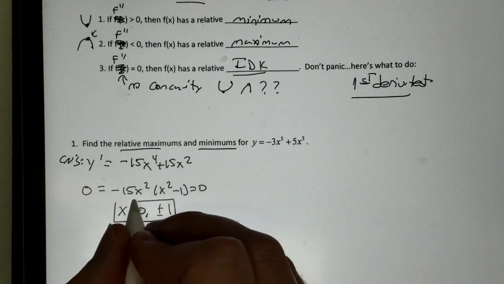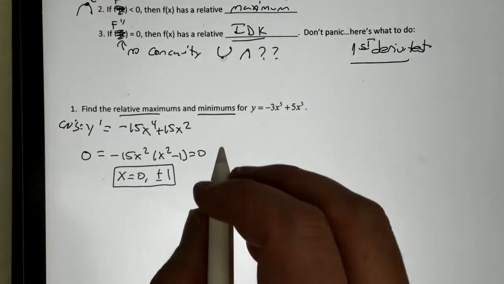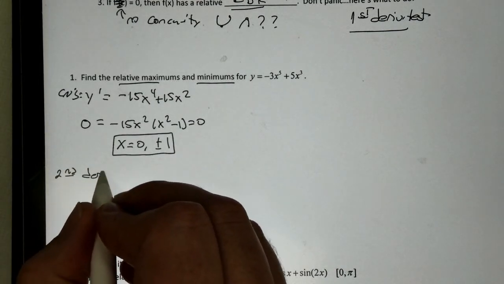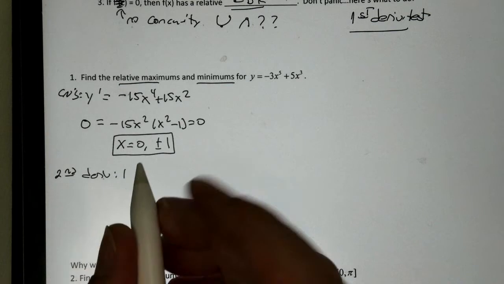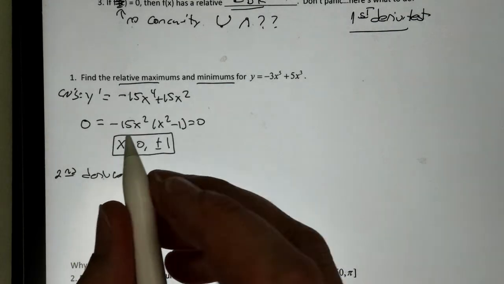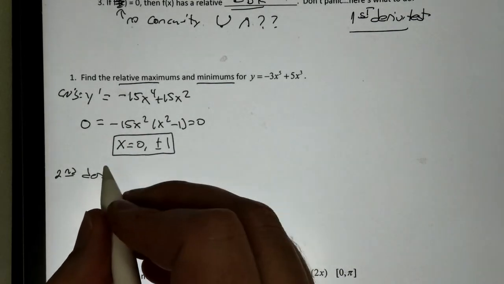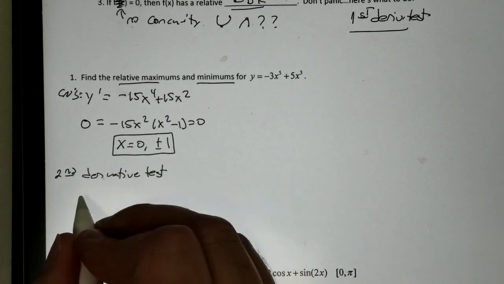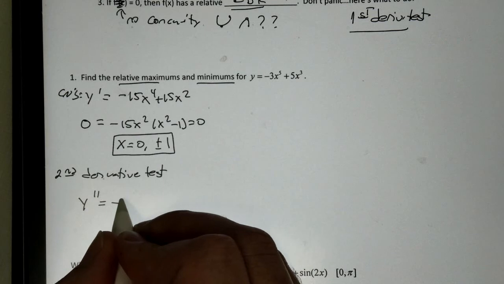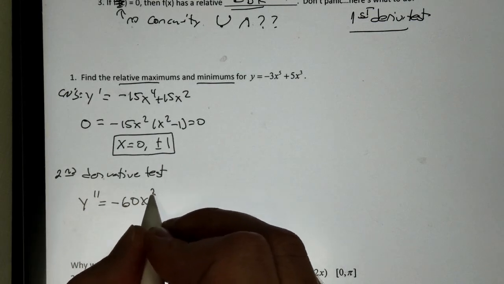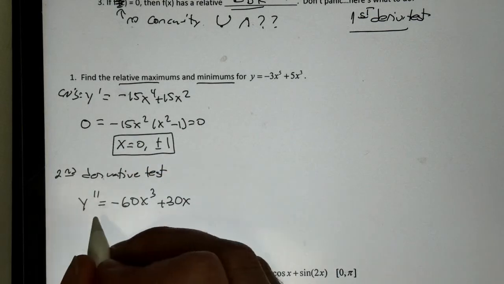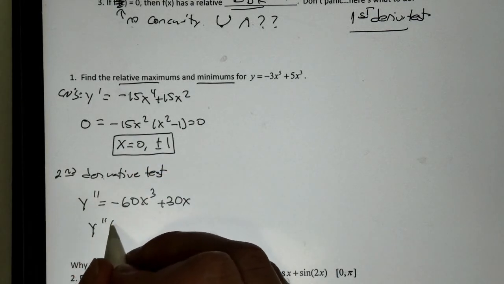Now, let's do the second derivative test. The second derivative would be negative 60x cubed plus 30x. Let's just plug in the 0 just for fun.